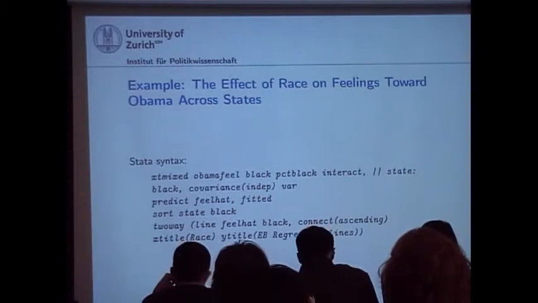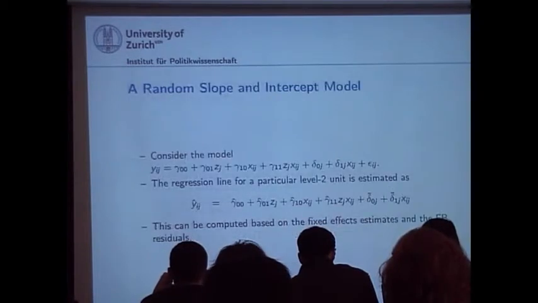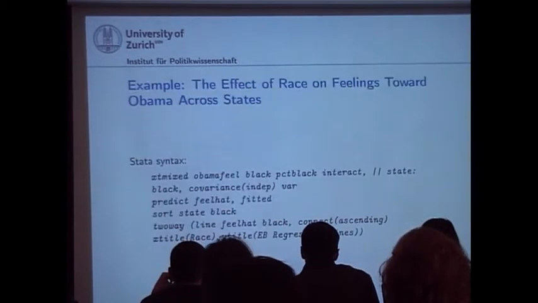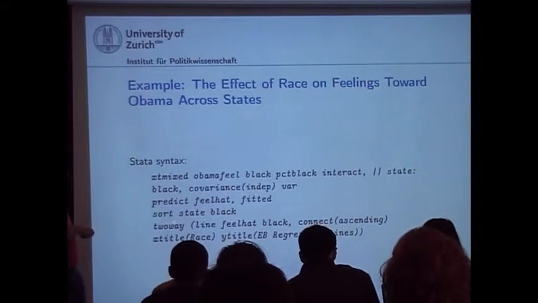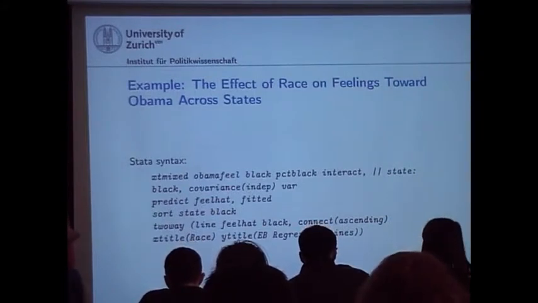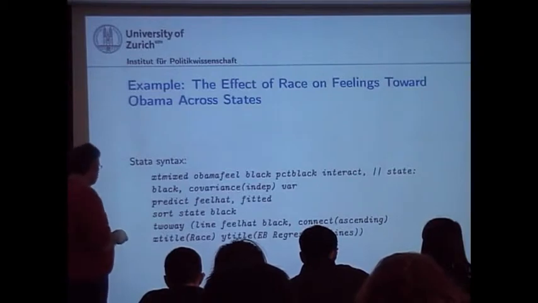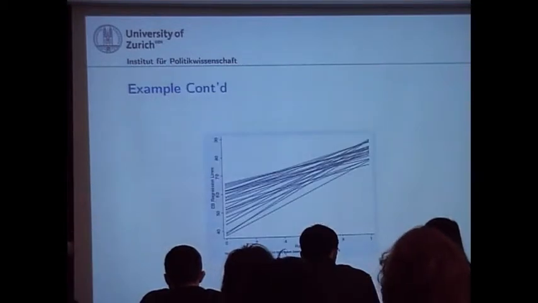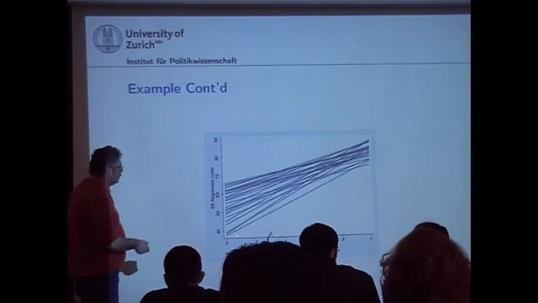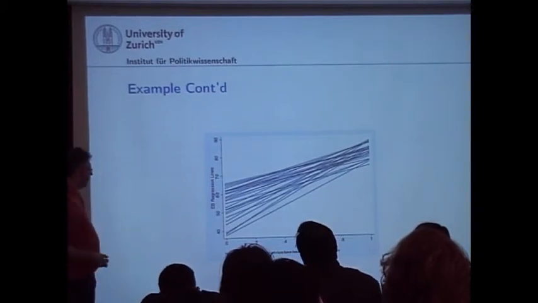And that gives you the fitted values, these values. And then for the depiction, I just sorted the data by state and by black, and then I did a two-way plot, and then you get these regression lines.